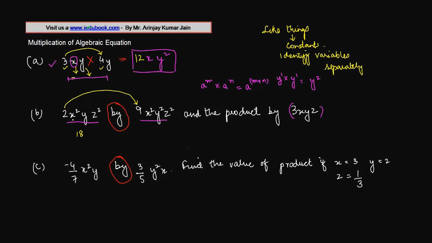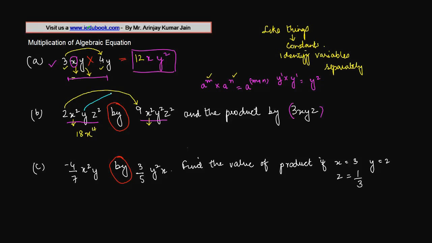Then you multiply the variable x with the corresponding variable x in the other one. So we write x here, okay, and because this is coming in both the cases, we saw it here, a to the power m into a to the power n is equal to a to the power m plus n. So x is given to the power 2 here, x is again given to the power 2 here. So we put in x and we write 2 plus 2, which gives you 4, right?